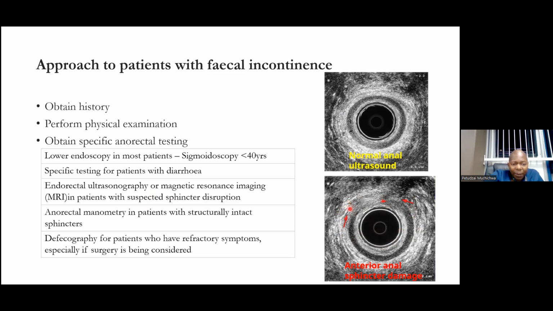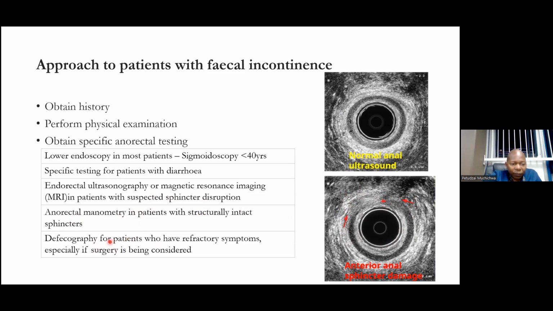However, MRI, besides telling us these, can also tell us more about other pelvic issues. Then anorectal manometry can also be used in evaluating patients with fecal incontinence.